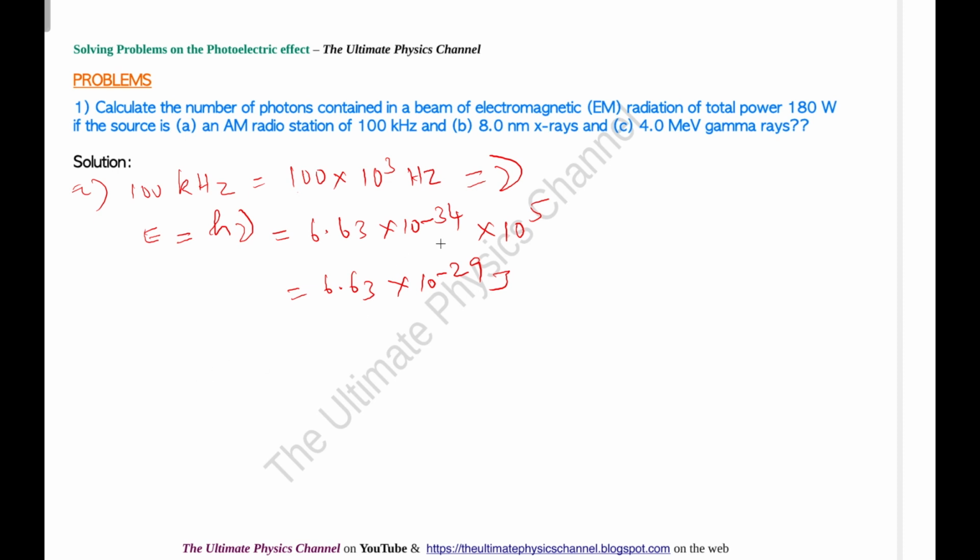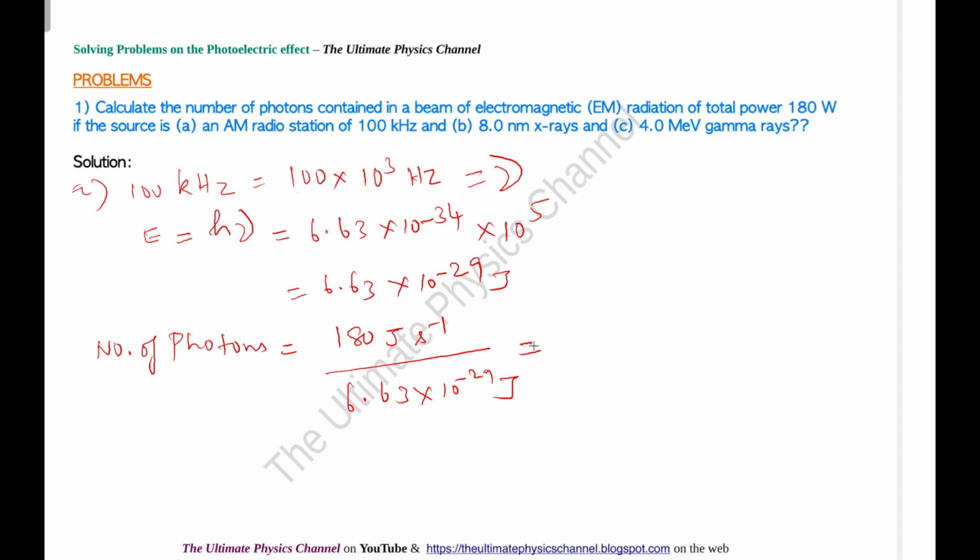Now the total power is given as 180 watts, so the number of photons in this case is 180 watts, which is joules per second, over 6.63 times 10 power minus 29 joules.